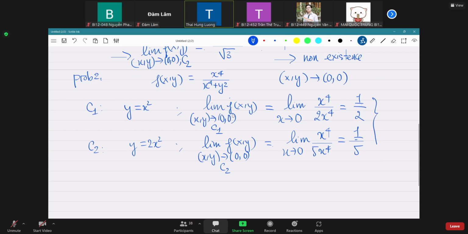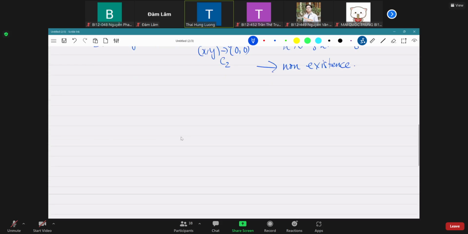So you see here the two values are different, so you can conclude about the non-existence of the limit, right? Okay, I think you get the idea of this problem. So we can move to the next part about continuity.